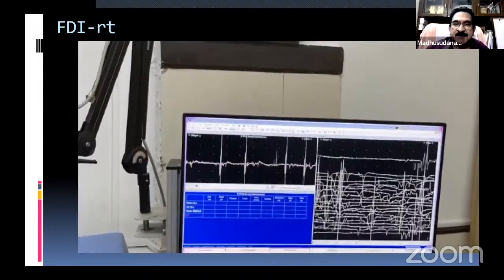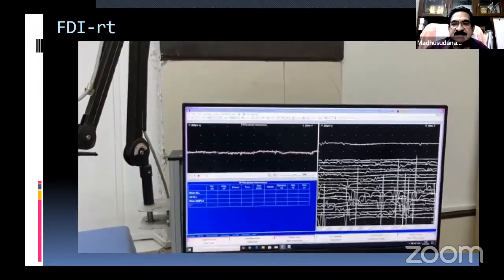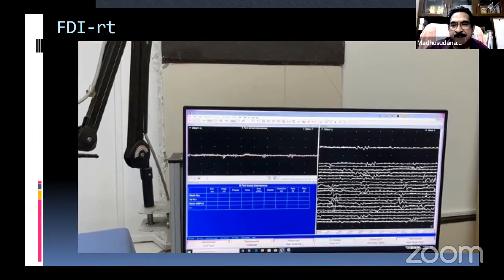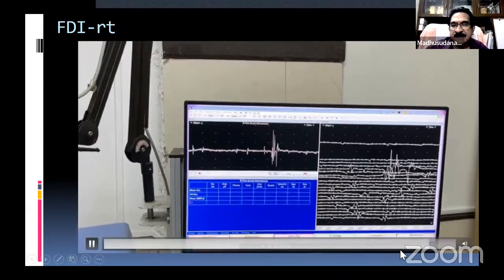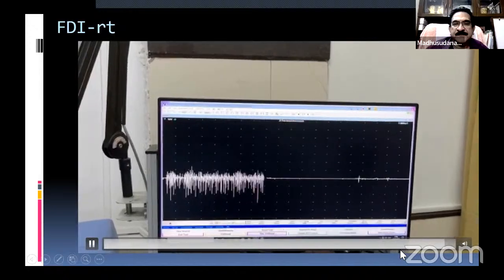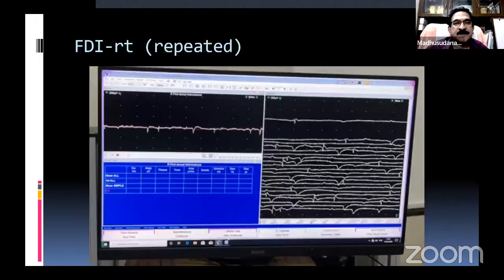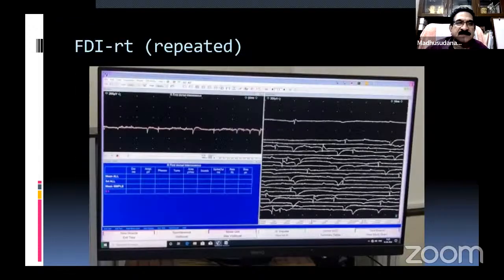Those are large amplitude polyphasic potentials with increased recruitment and incomplete interference. So that's the reinnervation. I think I skipped that finding.